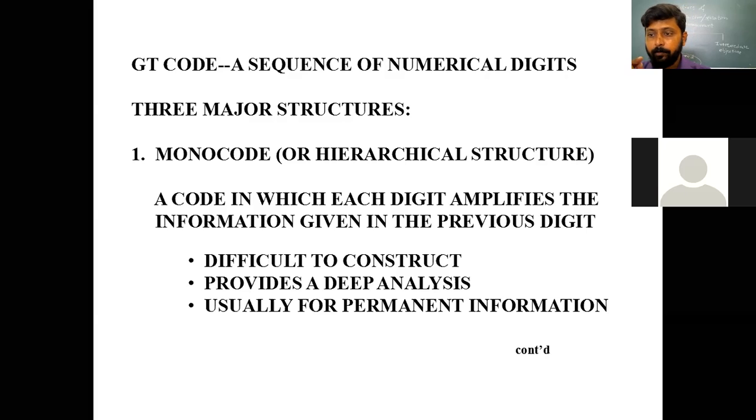Suppose you have 5 digits: first, second, third, fourth, fifth. The fifth digit is an amplified version of the fourth digit. The fourth digit is an amplified version of the third digit. Like that, the amplified information is given to the next digit. This is called monocode.